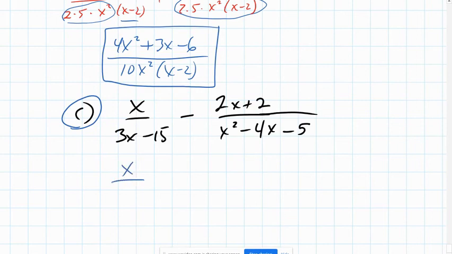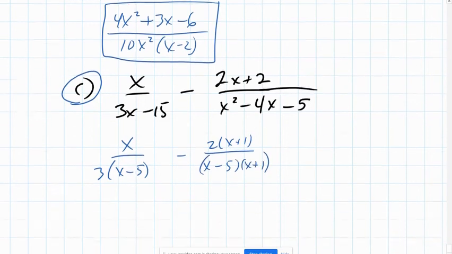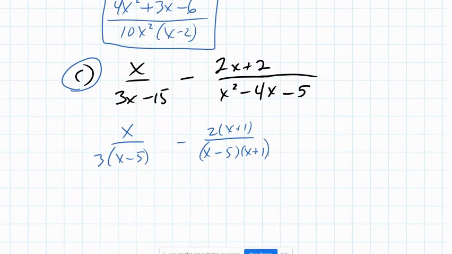Okay, so if you factor this denominator, that's 3 times x minus 5. And let's see what we have up here. We have x minus 5 times x plus 1. And so our common denominator then is going to be 3 times x minus 5 times x minus 1.